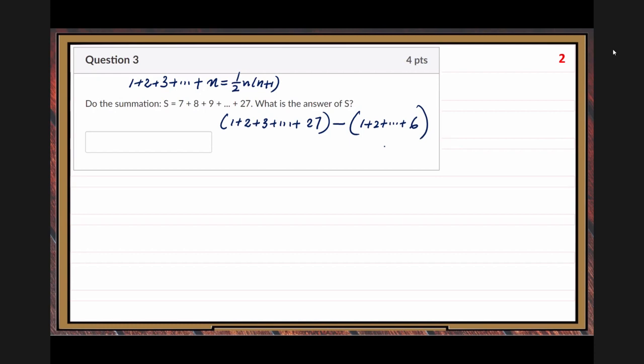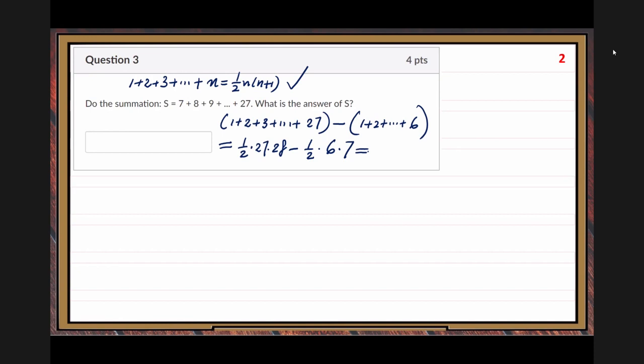But in this way, you can see we can apply our standard formula twice. The first time, plugging in that formula when n equals 27, and get 8. The second one, n equals 6, 7. So now you can find the answer. This is method 1.